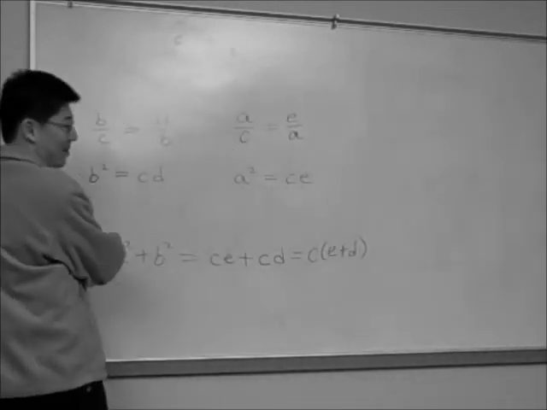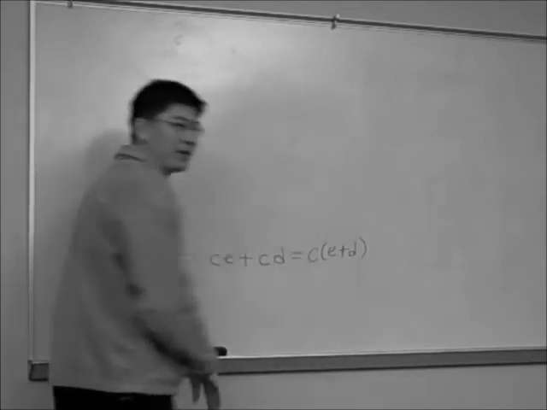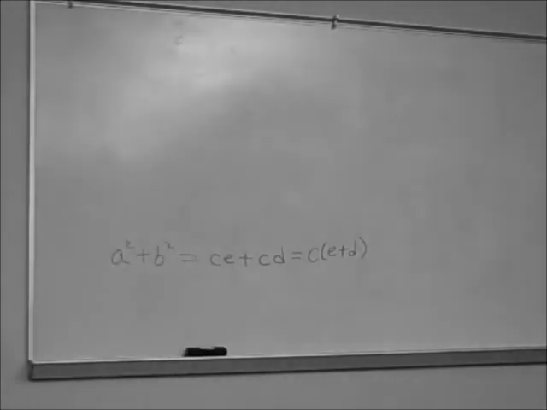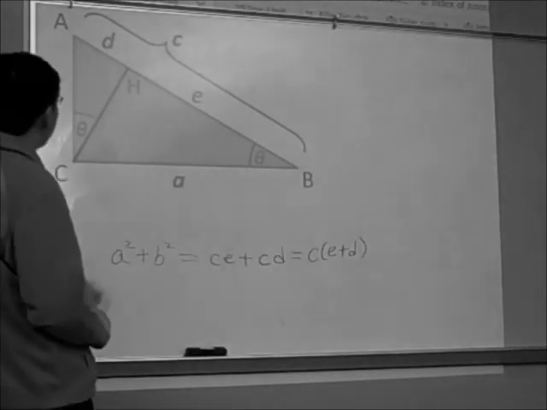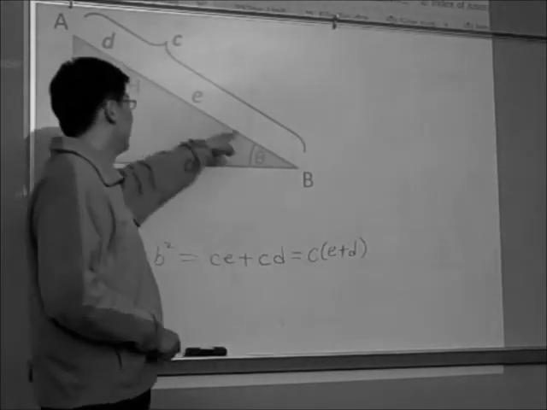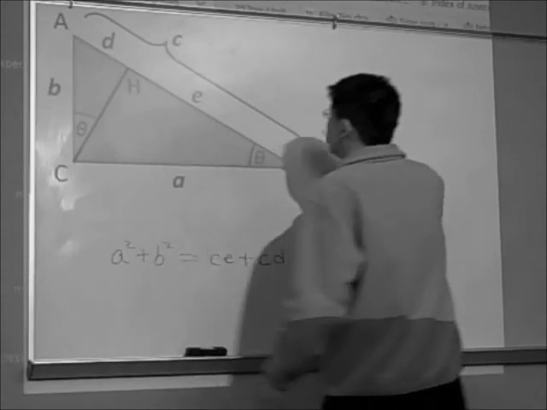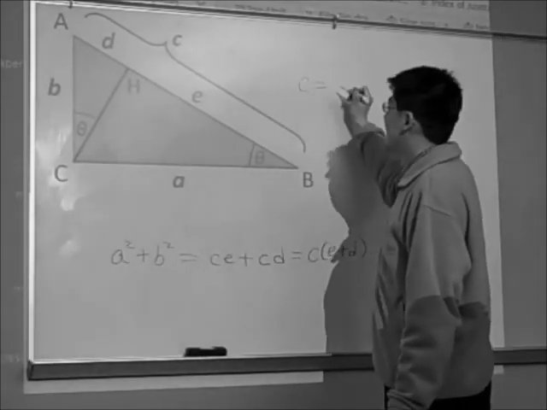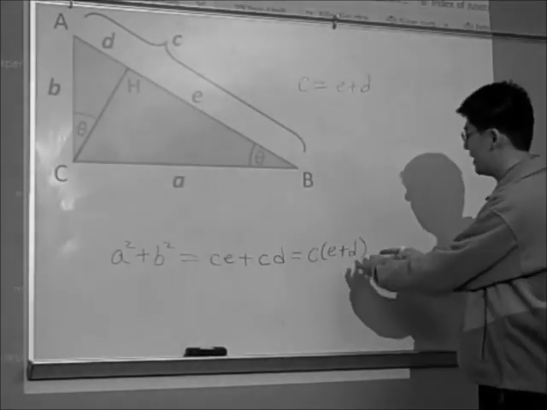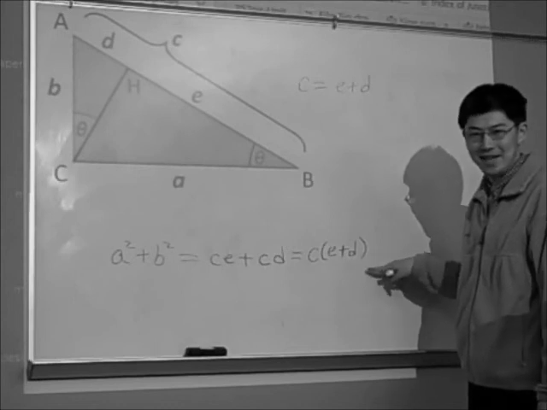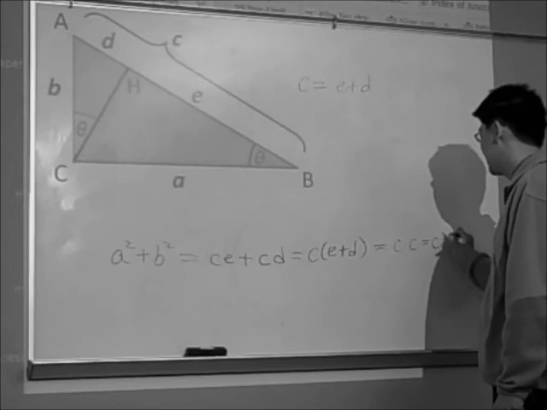So now that we've arrived at this step, I'll erase all the steps before. Let's bring back the original diagram. Now if you notice, this is D, and this is E. So it becomes apparent that the side length C is exactly equal to E plus D. Here we have C times the quantity E plus D. But E plus D is exactly the same thing as C. So that's just going to be C times C, or C squared.